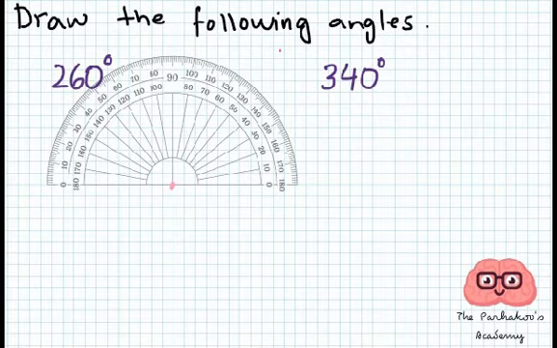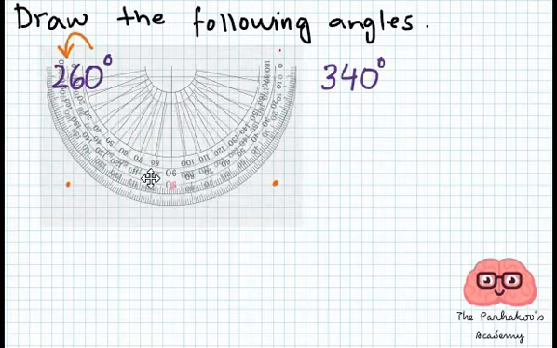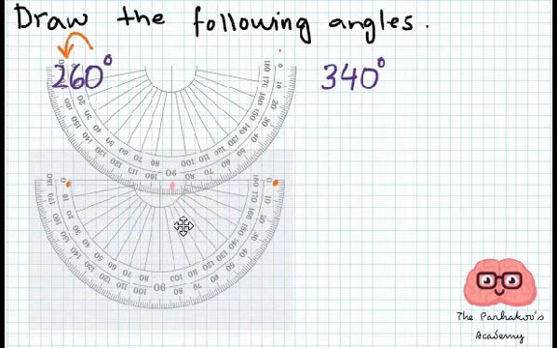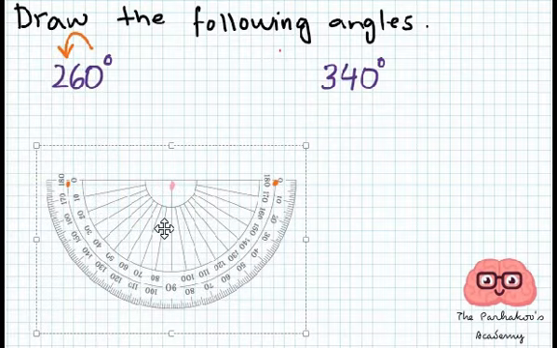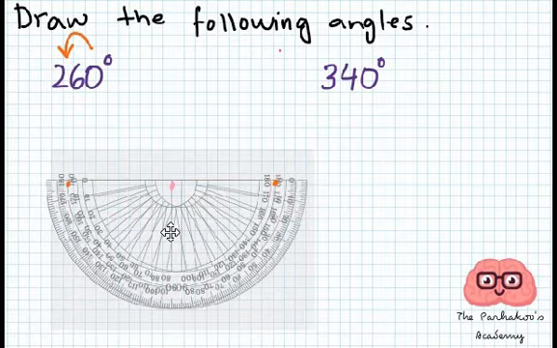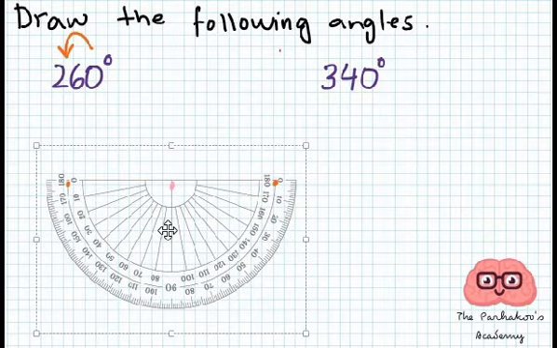Since this is also anti-clockwise, we'll have to use this inner scale. From 0 till 180 we are on this point, but for the rest of the angles we'll rotate this like this, and we'll place this in the same way, the baseline and the origin coinciding with each other.